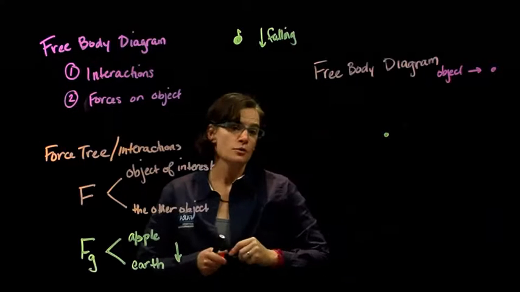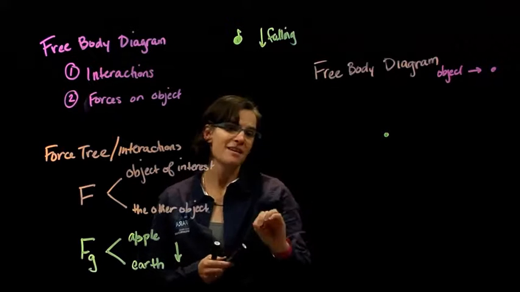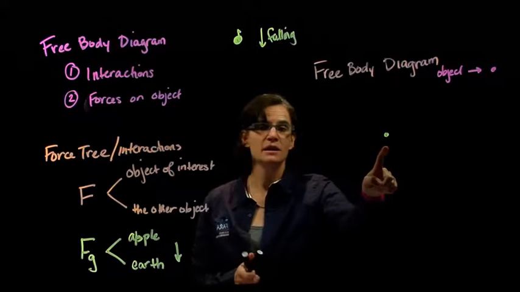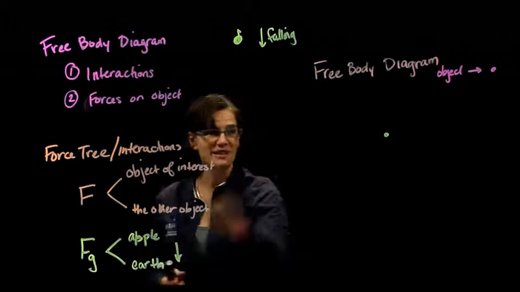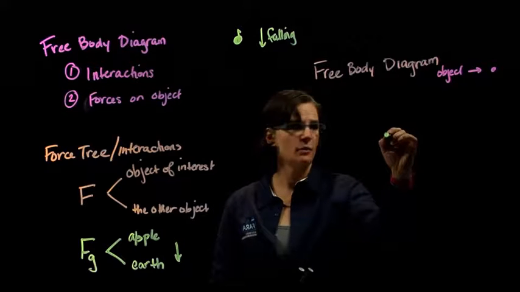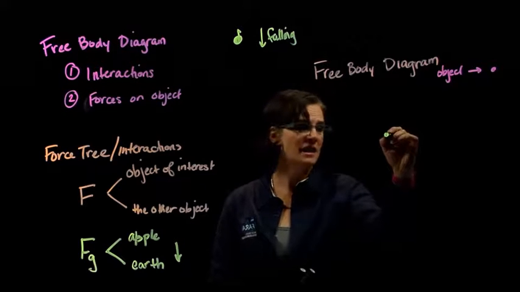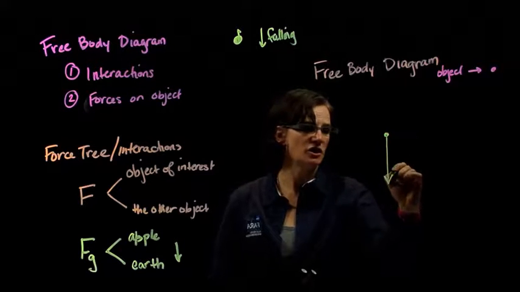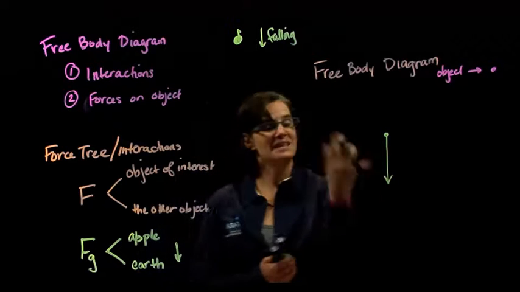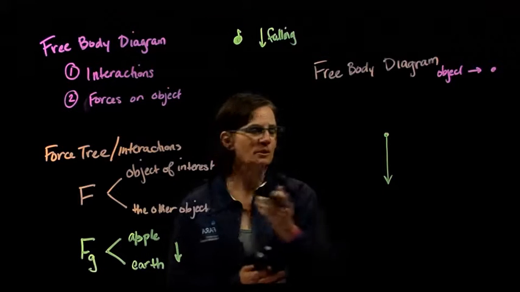We draw those forces so that the tail of the force is connected to that dot. So in this case, the force of gravity is acting on our apple. The tail of that force starts at the object and extends in the direction the force is acting. So our free body diagram, in this case, has a single force. We'll do an example with multiple forces.